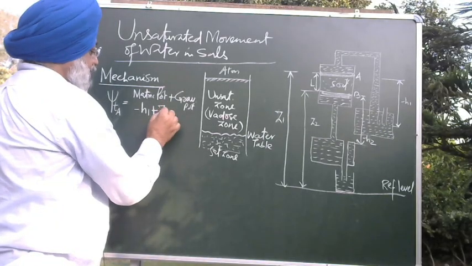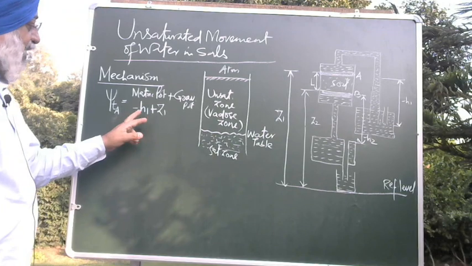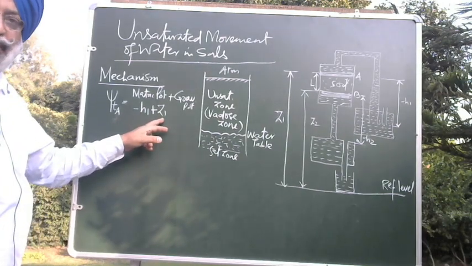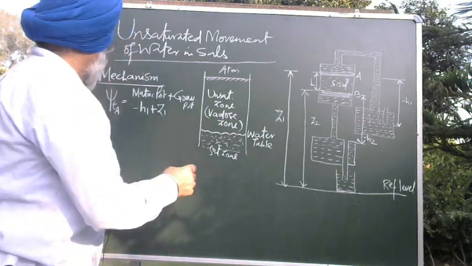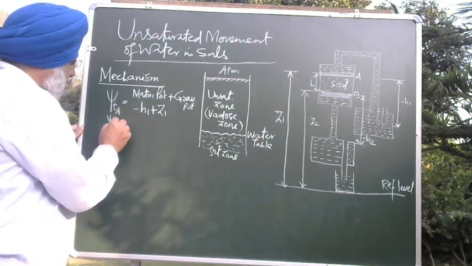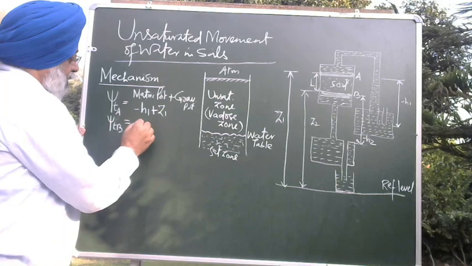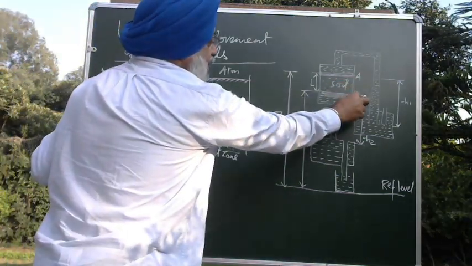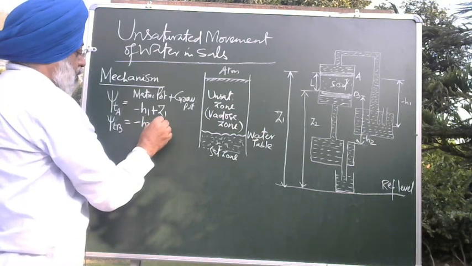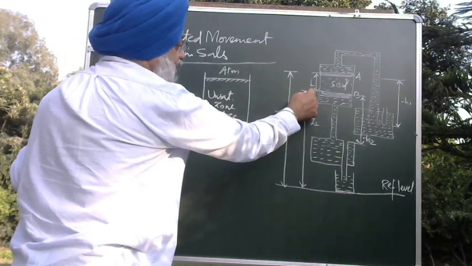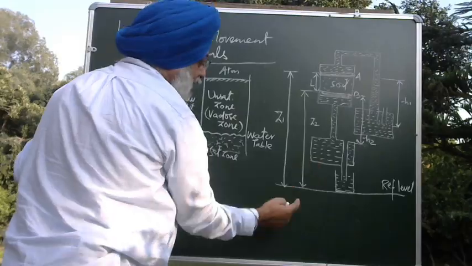So it is matric potential plus gravitational potential: matric potential minus H1, gravitational potential Z1. Similarly, total soil water potential at B, this is point B, minus H2 plus gravitational potential, that is Z2, from B to the reference level.